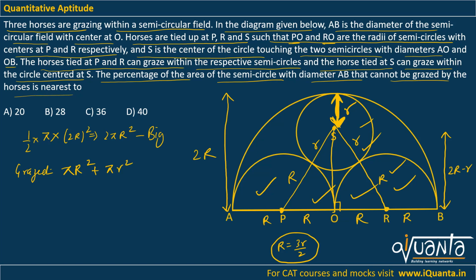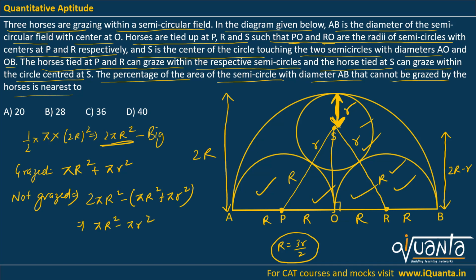So this much can be grazed, okay. So what can't be grazed will be equal to the area of the bigger semicircle, which is 2 pi R square, minus (pi R square plus pi r square), which will give me pi R square minus pi small r square. So this much cannot be grazed, okay.